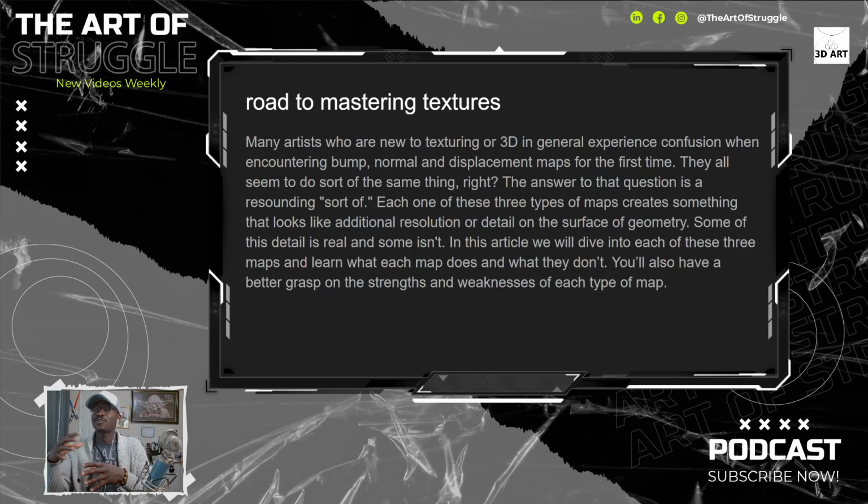Each one of these three types of maps creates something that looks like additional resolution or detail on the surface of geometry. Some of this detail is real and some of it isn't. In this article, we will dive into each of these three maps and learn what each map does and what they don't. You'll also have a better grasp on the strengths and weaknesses of each type of map.